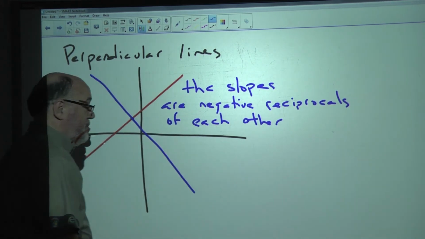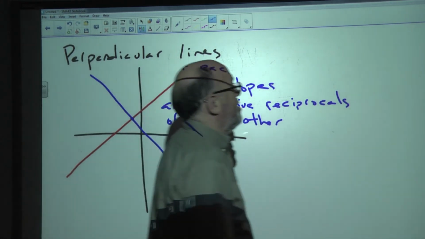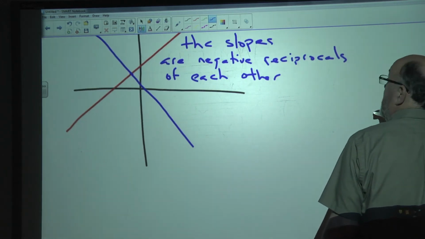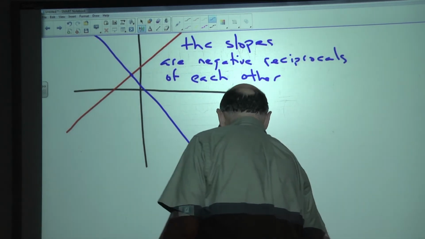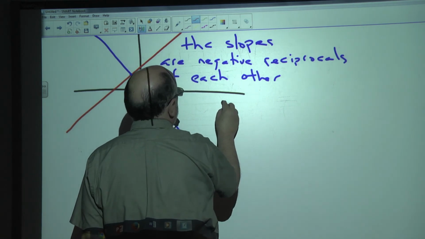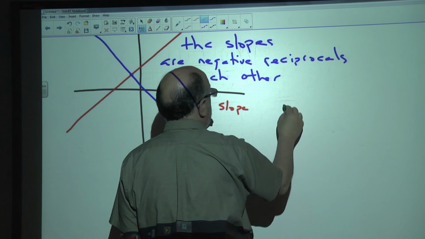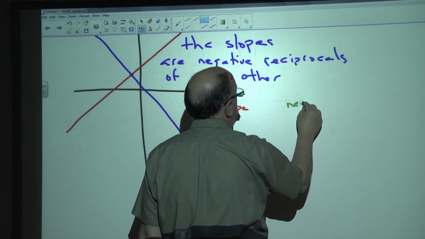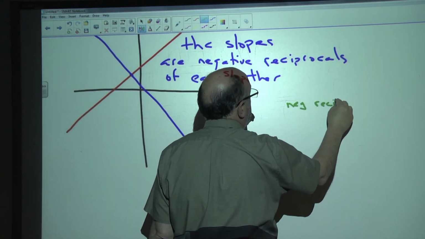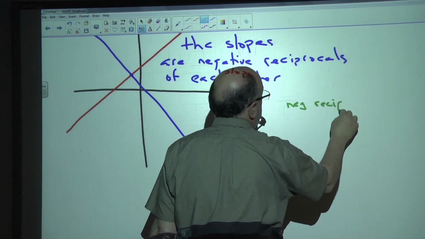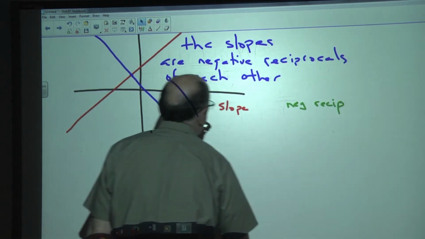Right? So for example, in terms of what does that mean? So we have in terms of our slope, and we'll make this column the negative reciprocal. So let's do a few examples.